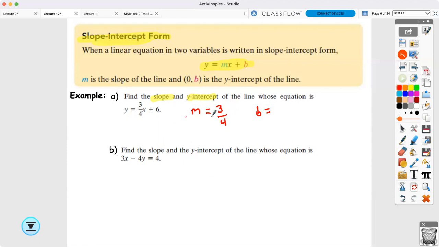Do not write x with m equals. It's just a number. Now the b is the number after the x term, which in this case is 6. I want you to write b equals 6, but also write it like an ordered pair as well. We know it's 0 comma b as well. And we're done with A.